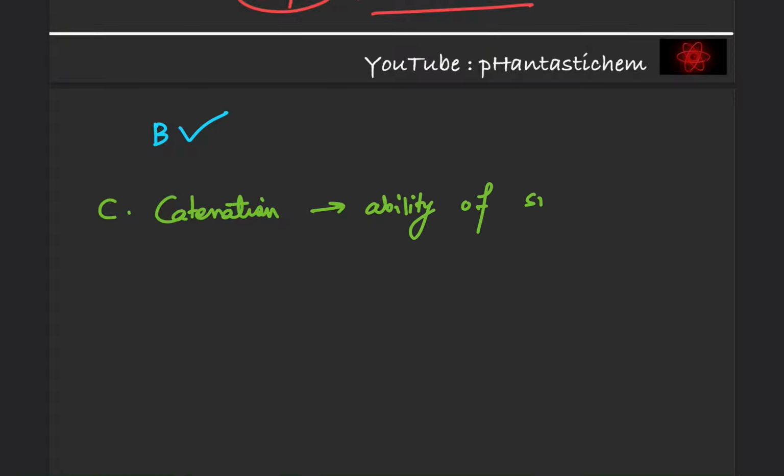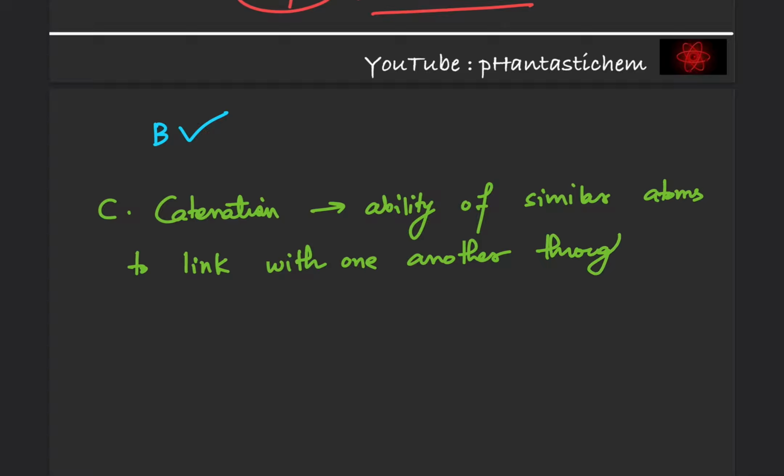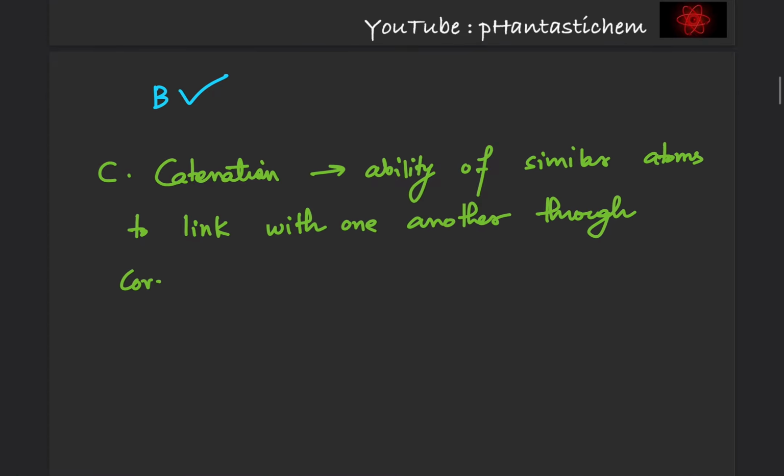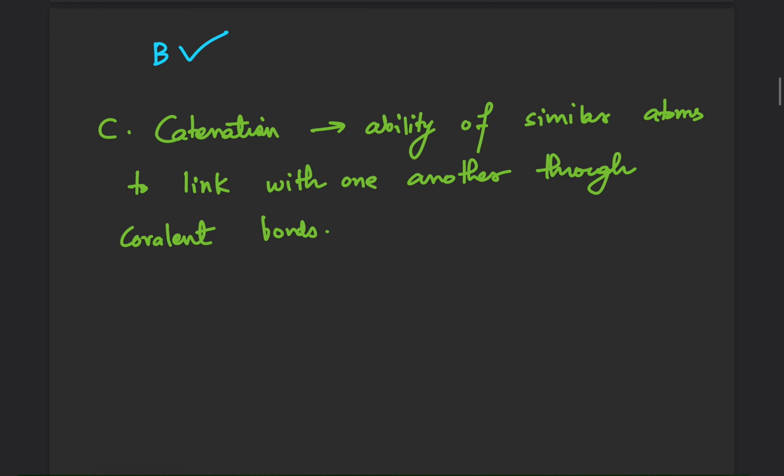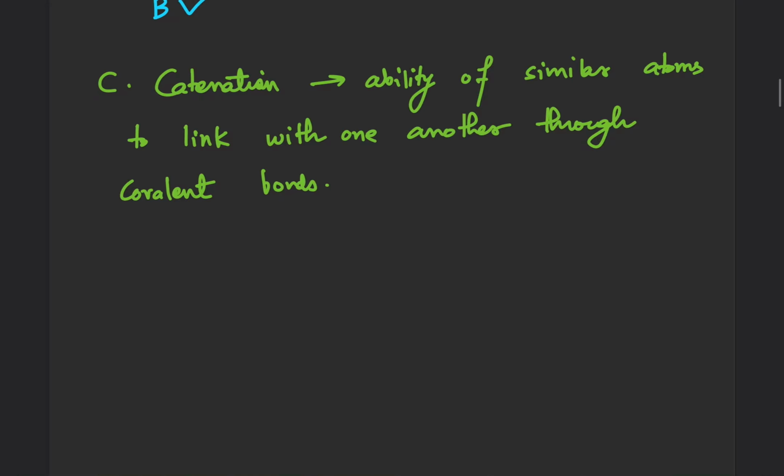Carbon shows the maximum ability of catenation due to small size.